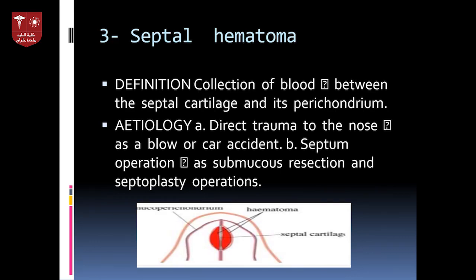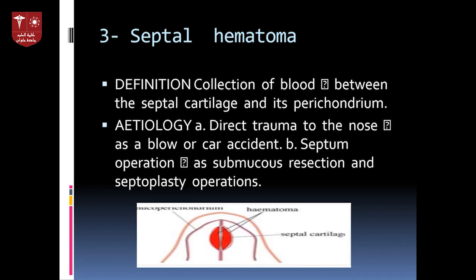Septal hematoma. Septal hematoma is a collection of blood between the septal cartilage and its perichondrium, usually due to direct trauma to the nose, such as a blow or a car accident. Remember the nasal trauma? Or it follows septum operations, a submucous resection or septoplasty operation.